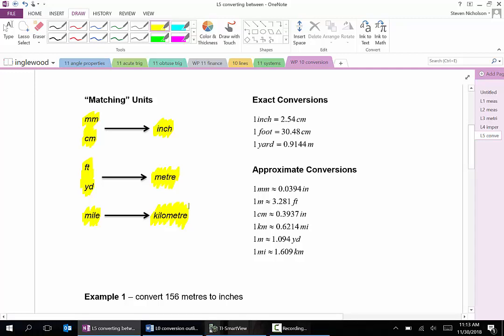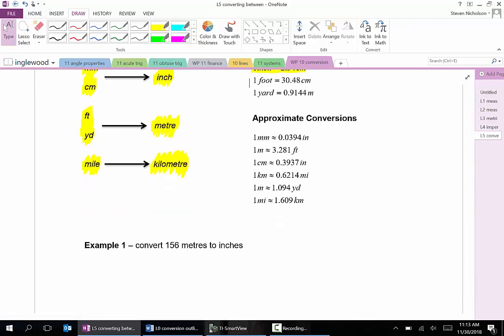and usually it doesn't matter which one you use. So these ones right here, an inch is 2.54 centimeters. That's one that happens a lot. But this one down here, a mile, is about 1.609 kilometers. That's also used a lot. And this one as well, 1 kilometer is 0.6214 miles.